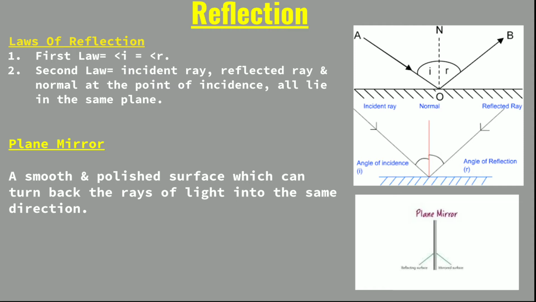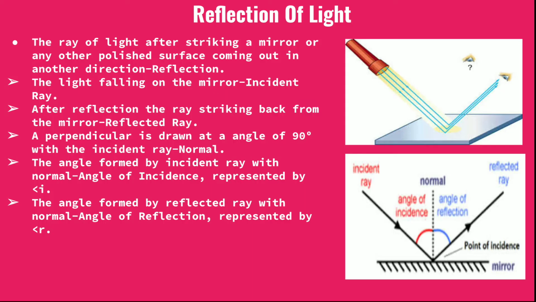In Class 7 we studied the plane mirror, a small polished surface which can turn back the rays of light. The ray striking the mirror comes back making an angle equal to the angle of incidence.